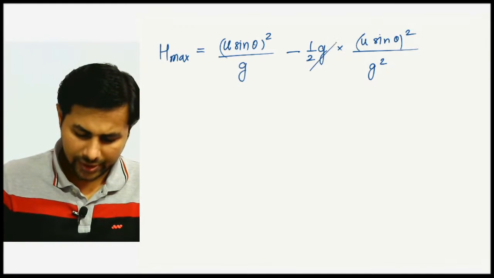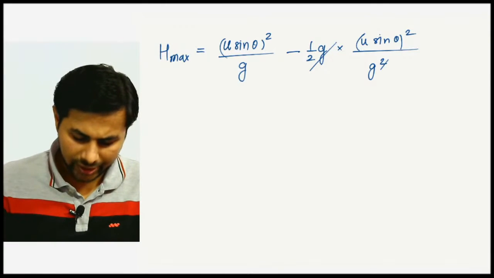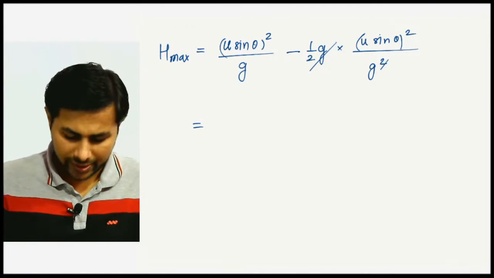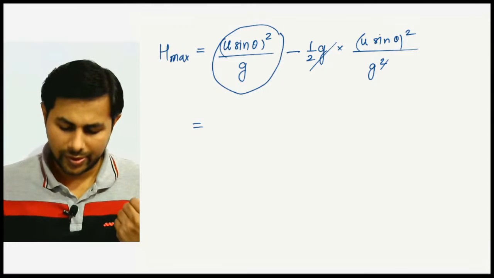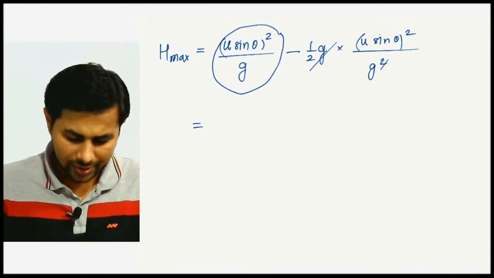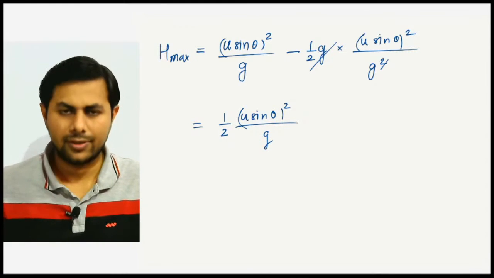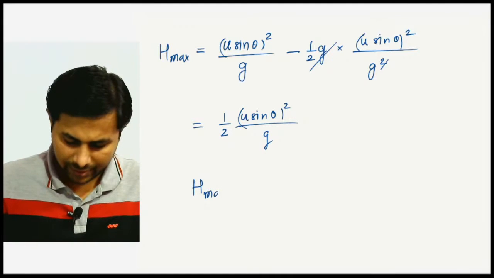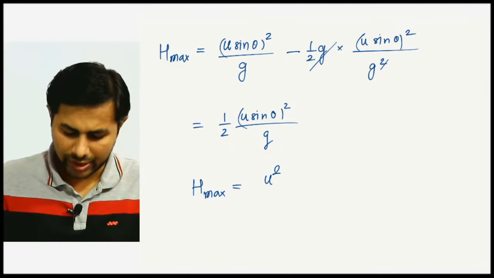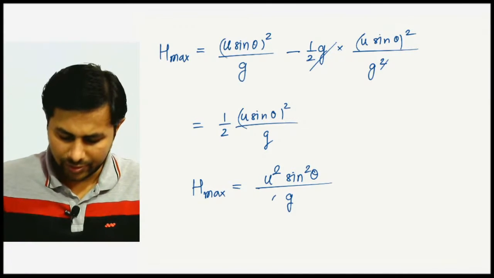So this g and the square get cancelled out, and we are left with u sine theta squared divided by g minus half of u sine theta squared divided by g. So it is half of u sine theta squared divided by g. Or we can write this as h max is equal to u squared sine squared theta divided by 2g.